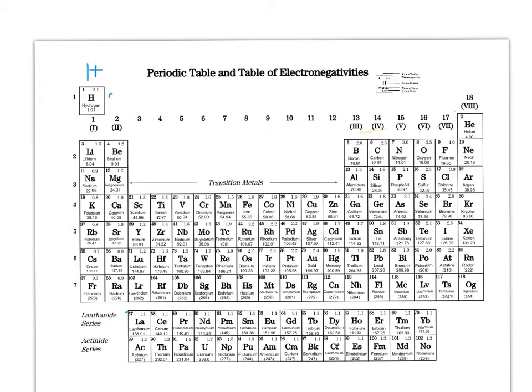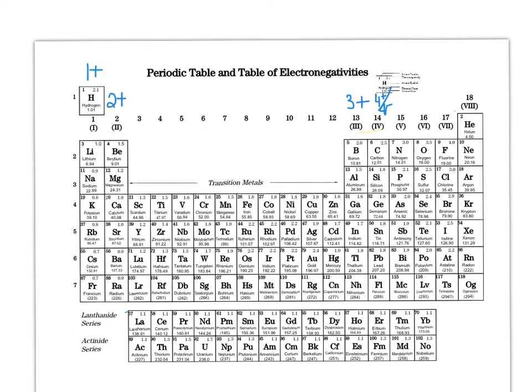Everything in column 2 will become 2 plus. Column 13, 3 plus, because they have 3 valence electrons. Now this 14th column can be 4 plus or 4 minus. It's where it switches. But now we're into the non-metals as well.